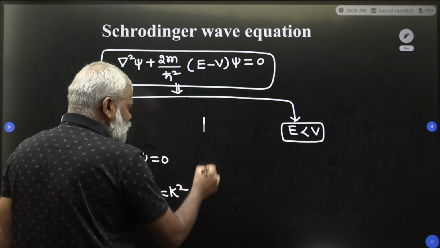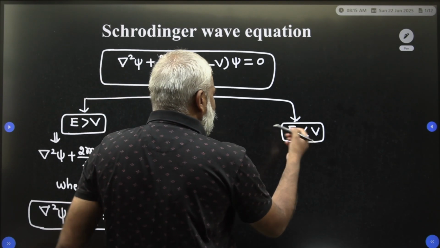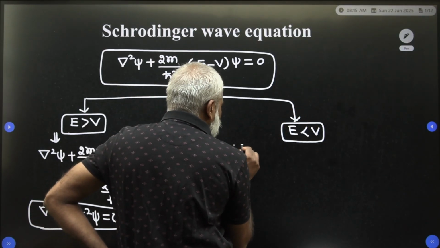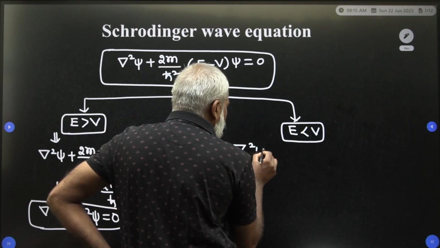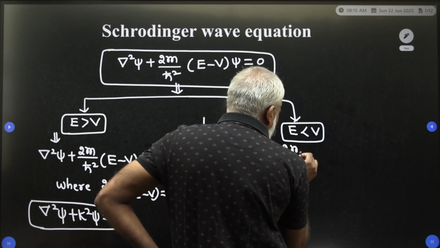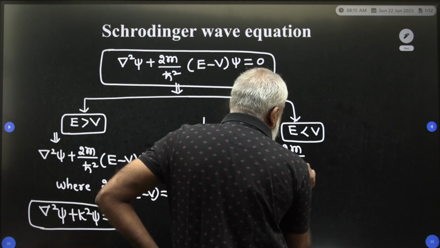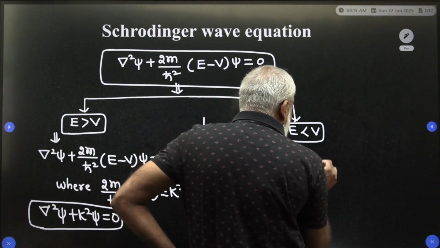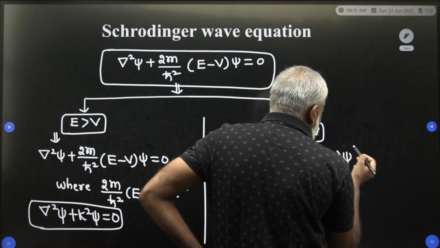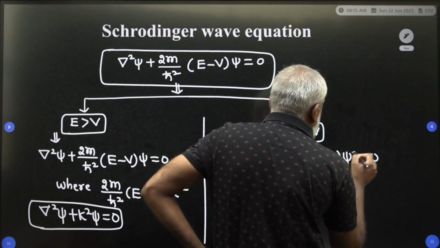Now when E is less than the potential energy V, our Schrodinger equation will become del square psi minus 2m divided by h cut square into (V minus E) into psi equal to 0.